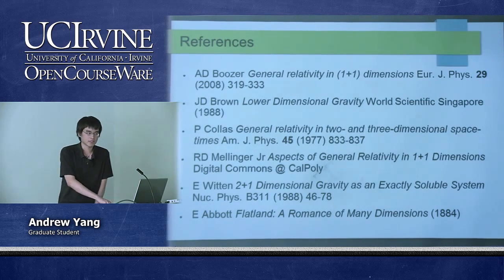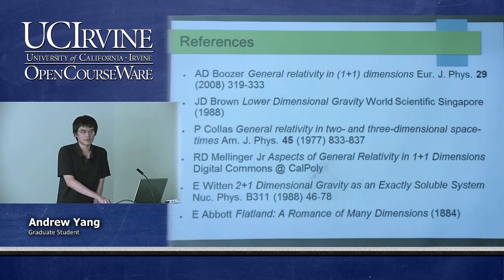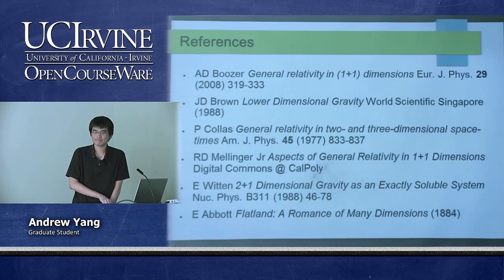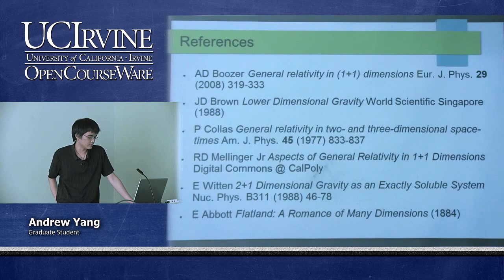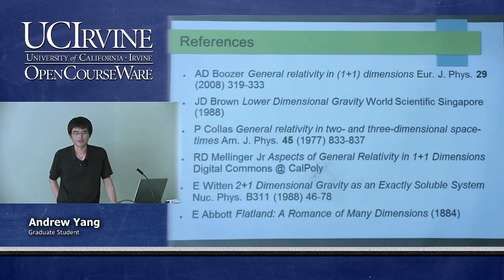It's a revised version of Brown's thesis, which covered several different solutions for problems in general relativity in 2 and 3 dimensions. And some of the other ones are papers I came across. One of the subtitle jokes was "easy enough for an undergraduate to do." I came up with that idea because Aspects of General Relativity in 1+1 Dimensions was actually written by an undergraduate.